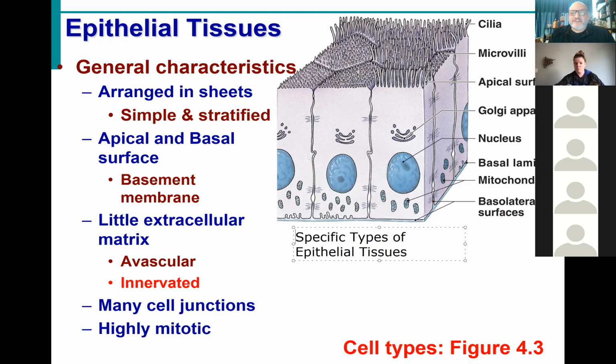So how many specific types of epithelial tissues are there going to be? 6. I heard someone say it, I saw someone type it. Absolutely. As we know, there are going to be 8 specific types of epithelial tissues. Wait, what? Yep, there's 8.